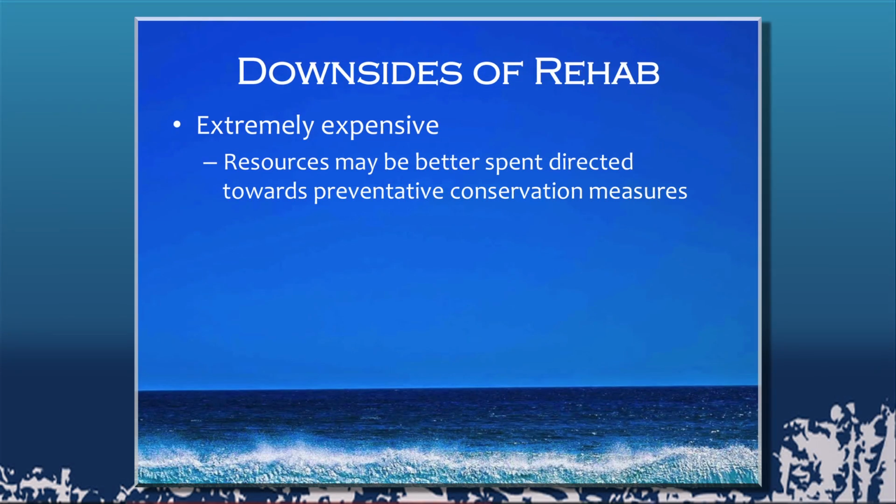And this cost may be justified for endangered species with populations that are imperiled. However, the costs are very difficult to justify for non-threatened animals. Also, many biologists would argue that rehab facilities divert money away from programs based on wild population conservation and habitat protection.